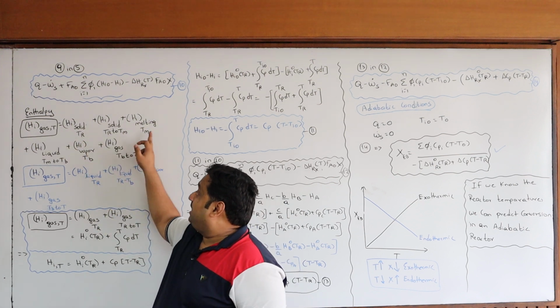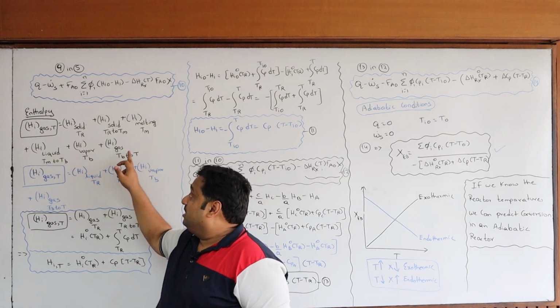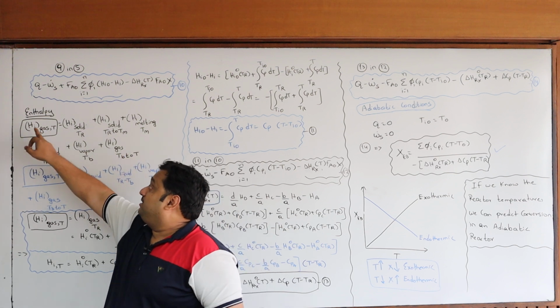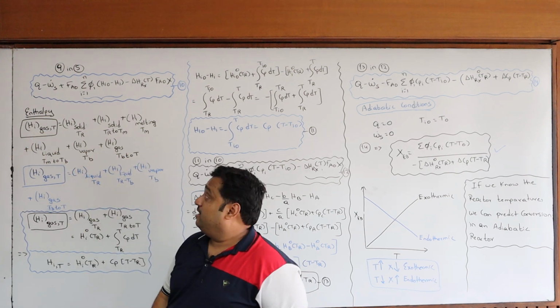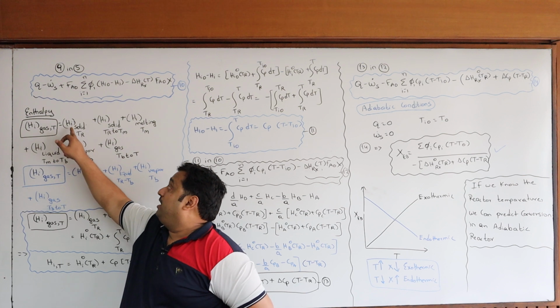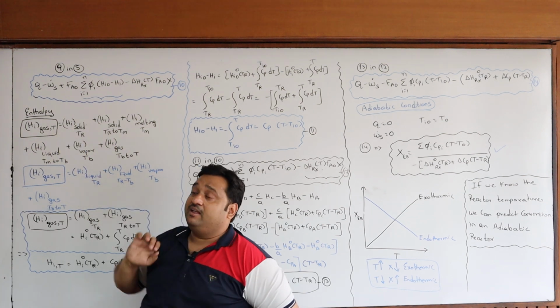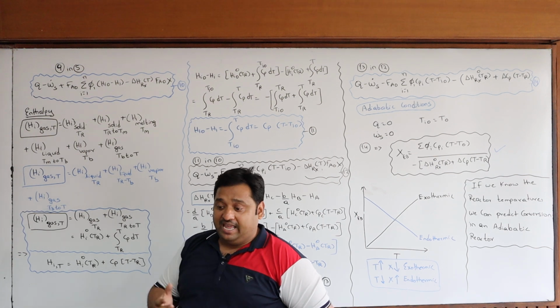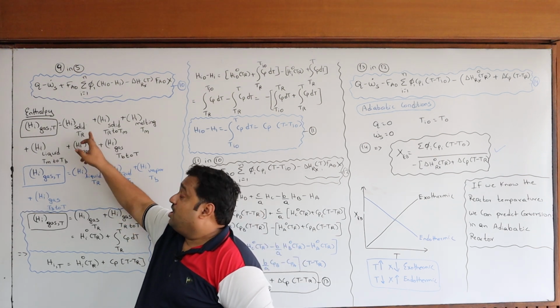So these are the enthalpies you have to consider. A summation of all these enthalpies is nothing but the enthalpy of the gas. Example, if the enthalpy of the same molecule in the solid phase is given, that is your reference temperature. Now, take that as a basis.